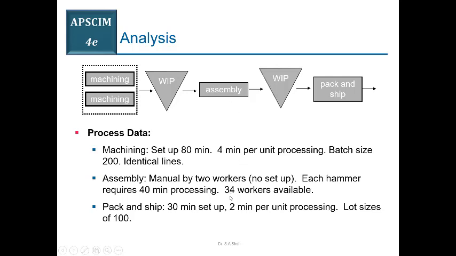So in total we have 34 workers available. So 34 workers mean that in this particular workstation locality we have 17 workstations. तो टोटल 34 है, और एक हैमर को असेंबल करने के लिए दो वर्कर्स जो है वो आपको चाहिए, ठीक है ना. सो 34/2 मीन्स 17 stations will be available at the assembly वर्क स्टेशन.